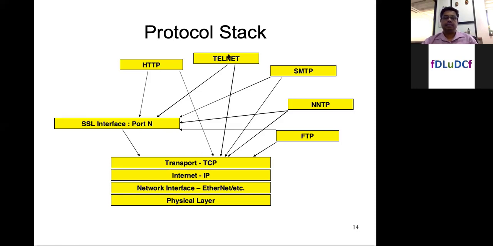Any other application protocol can talk directly to TCP and communicate, but then the communication gets no security. If the communication requires security, those application layer protocols can connect to the SSL or TLS port, and then the whole communication from TLS downward is protected, encrypted, so no one can interfere.